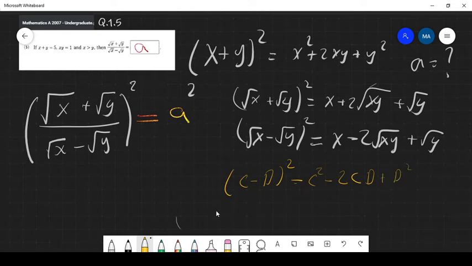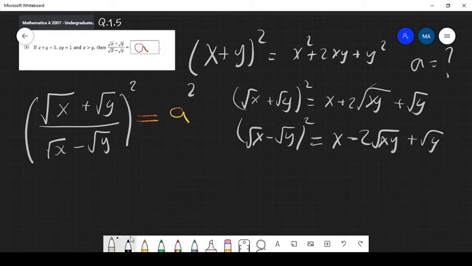How can you find this formula? c minus d multiplied by c minus d. This is what squared means. You can do this and you find this formula. It's another formula that you need to remember. You need to get used to it at least.